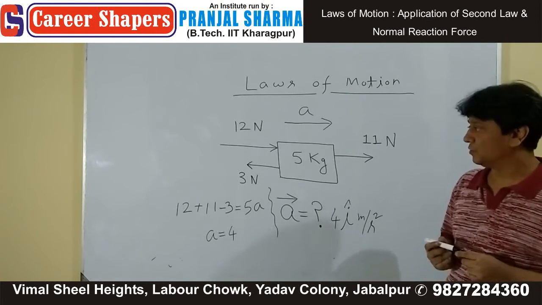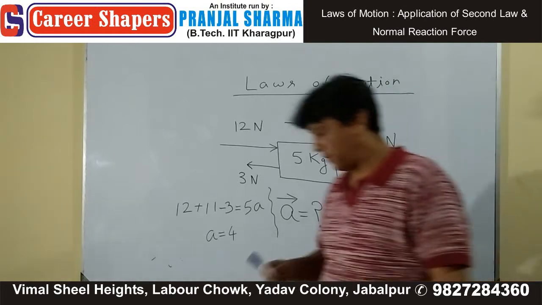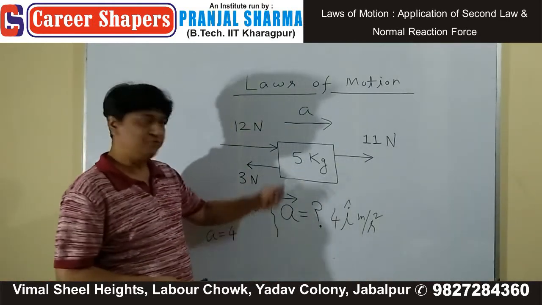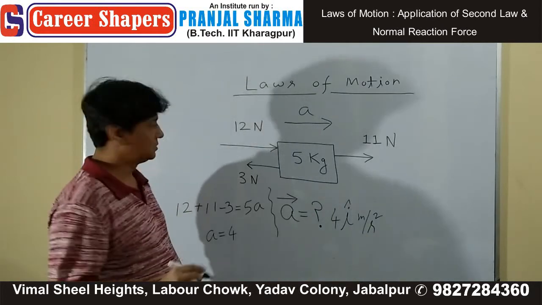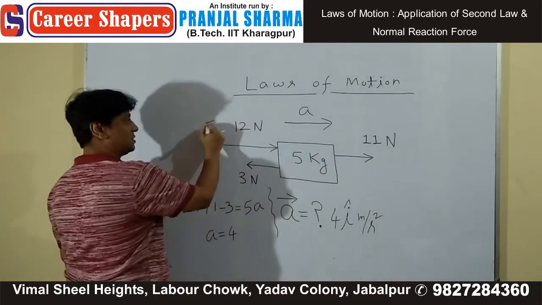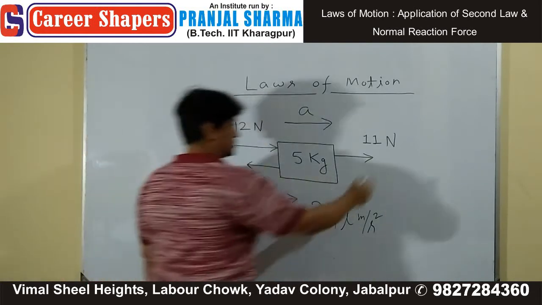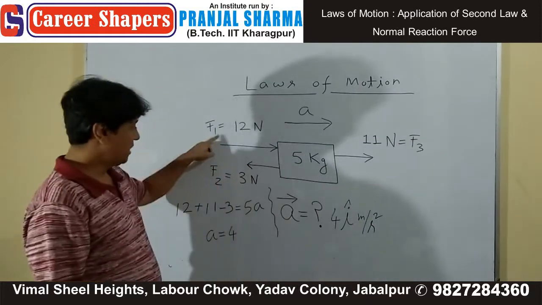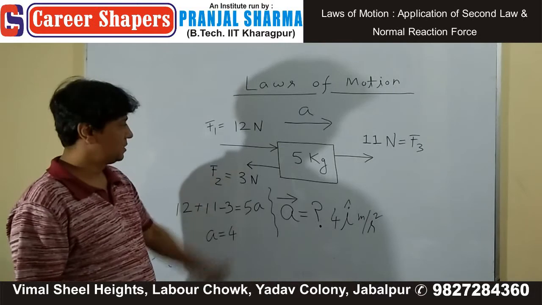Now, the thing which I want to explain is something like, look at this figure, the same figure. In terms of vectors, we will write, say this is F1, this is F2, this is F3. Now, try to focus on this part.